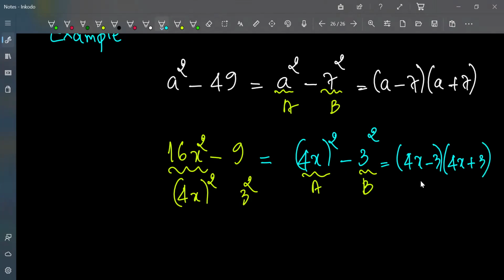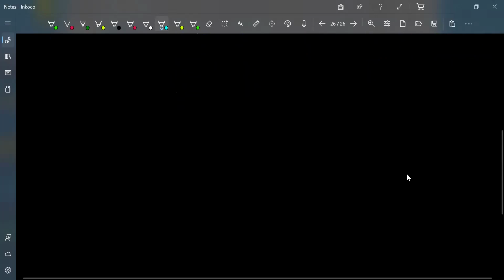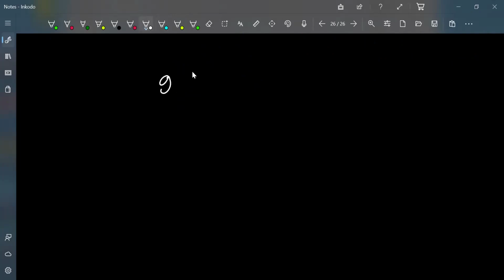Okay, so now let's start the third example. If I have 9a square minus 4b square, I can write 3a square, because 3a square is equal to 3a multiplied by 3a, so it's equal to 9a square.